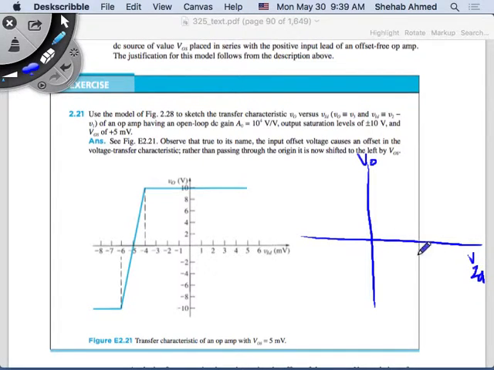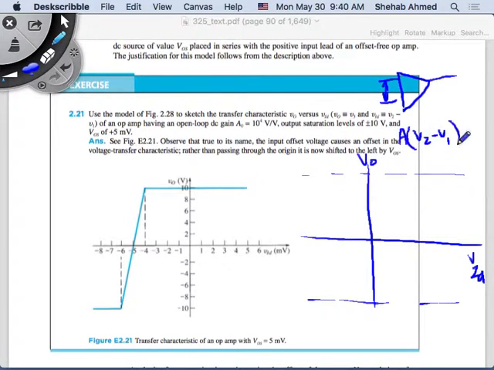If VID has any value, what's going to happen for the ideal op amp? VID is the voltage between these two terminals. What's going to happen if I have voltage between these two terminals? The output will saturate, right? So it's V2 minus V1 multiplied by the gain that gives V output. This is VID versus V output, right? So if V2 doesn't equal V1, then it's going to saturate.